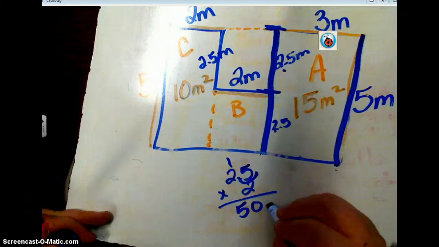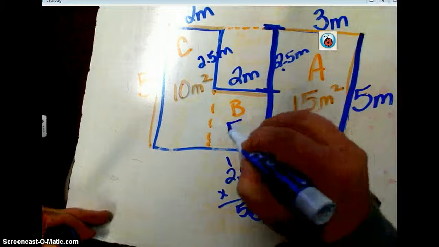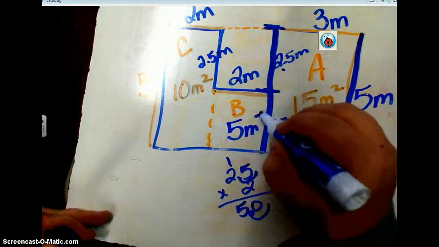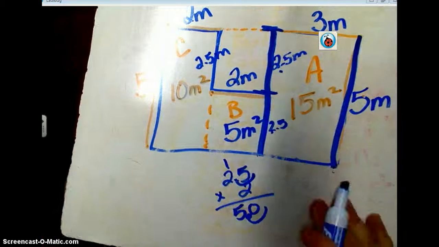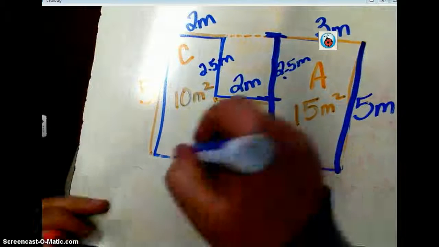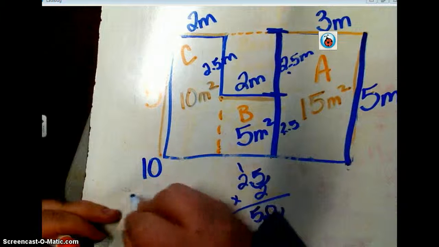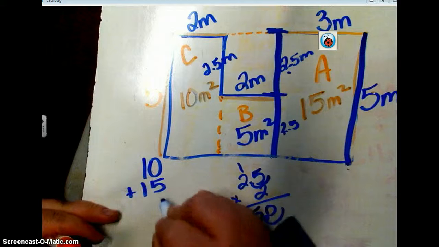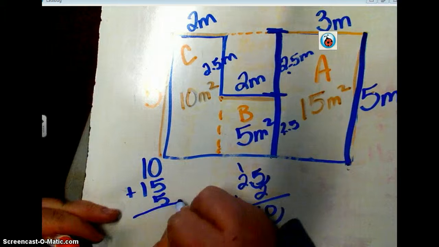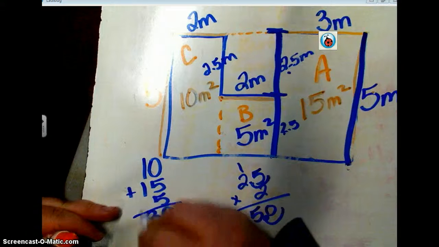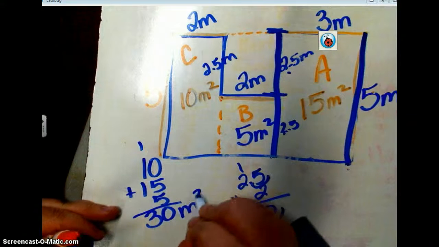I have 1 decimal point. I'm going to move over 1 spot. The area of B is 5 meters squared. Now what do I have to do? Add them all. 10 plus 15 plus 5. 30 meters squared.